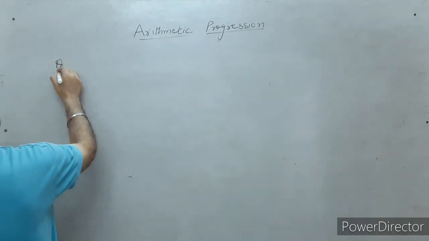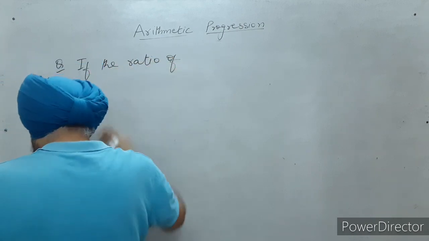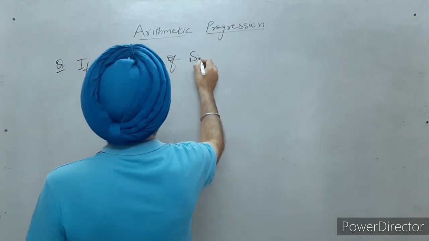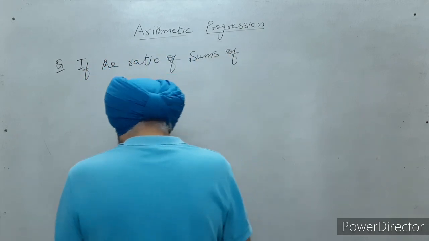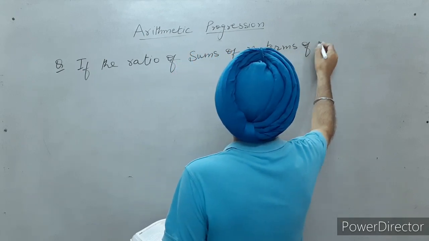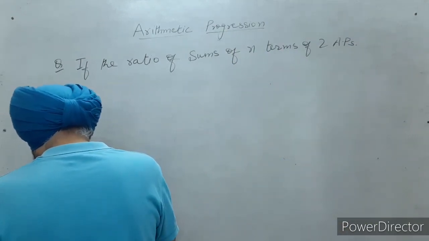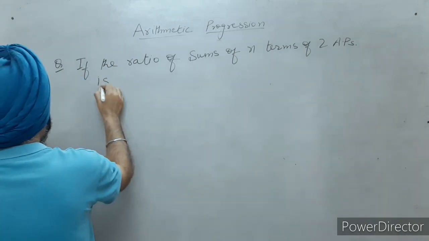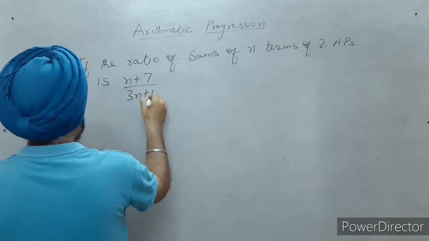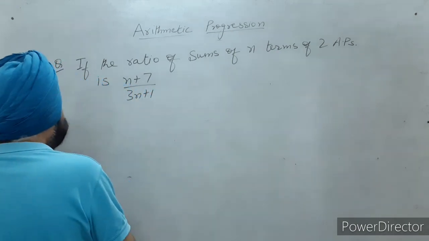Look, if the ratio of sums of n terms of 2 APs is n plus 7 to 3n plus 1, then find the ratio of the seventh term of the series.